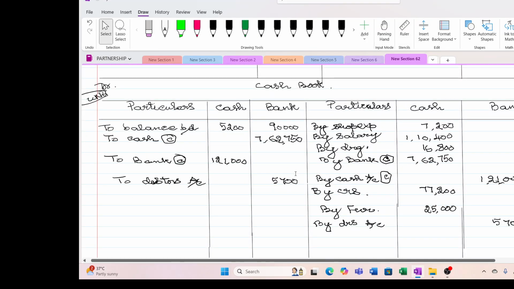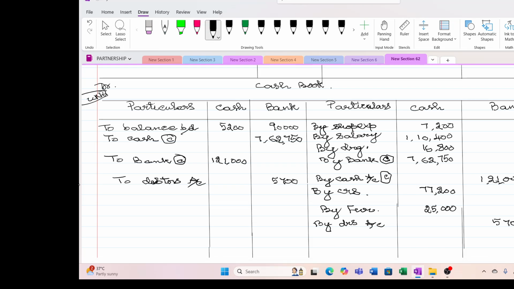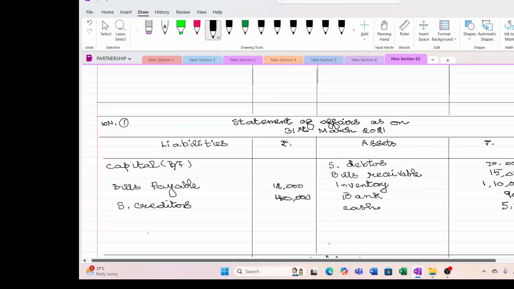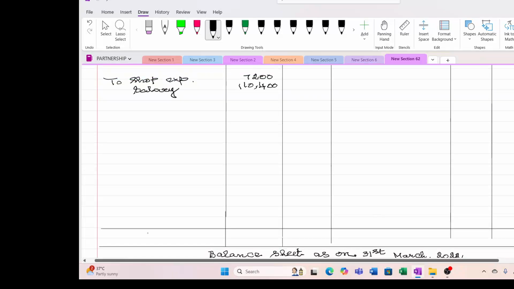In the cash book, we are receiving through bills receivable account. We have received 19,250. See, this 750 is your discount charges. That is your loss, expenses. That should go to your P&L account.